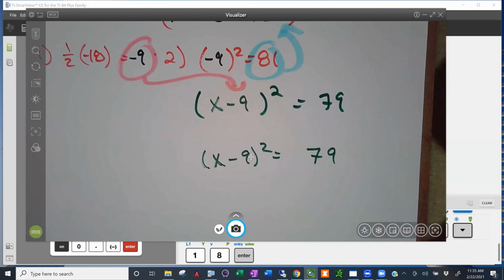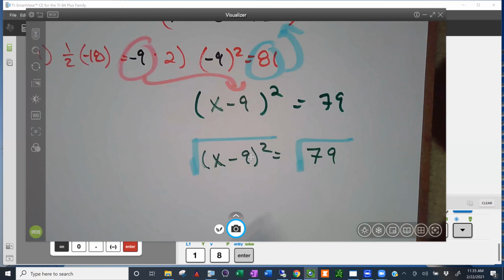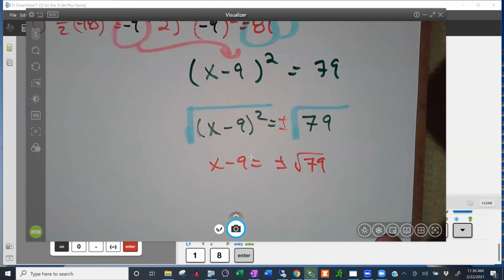So let's solve this by taking the square root on both sides. And I get x minus 9 equals plus or minus the square root of 79. The square root of 79 is not going to simplify at all. In fact, I think 79 is a prime number, but I'm not 100% sure.